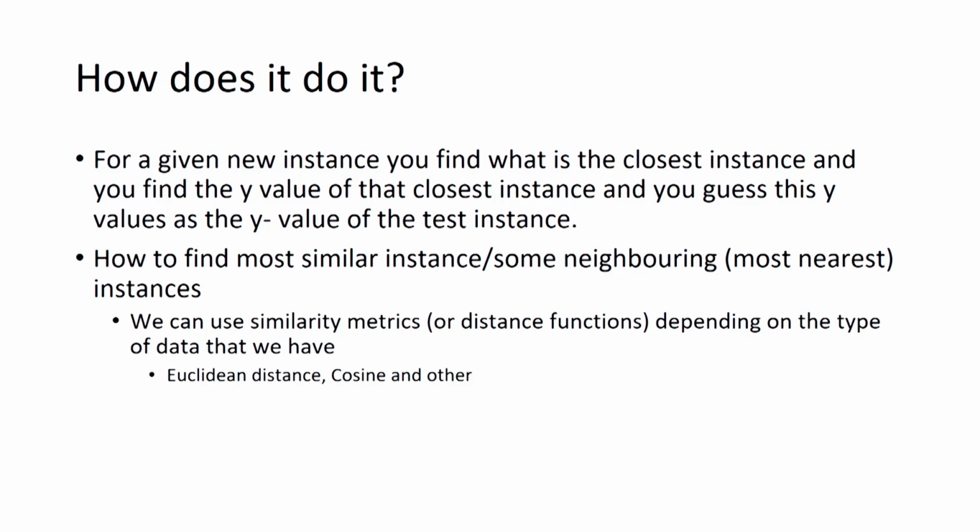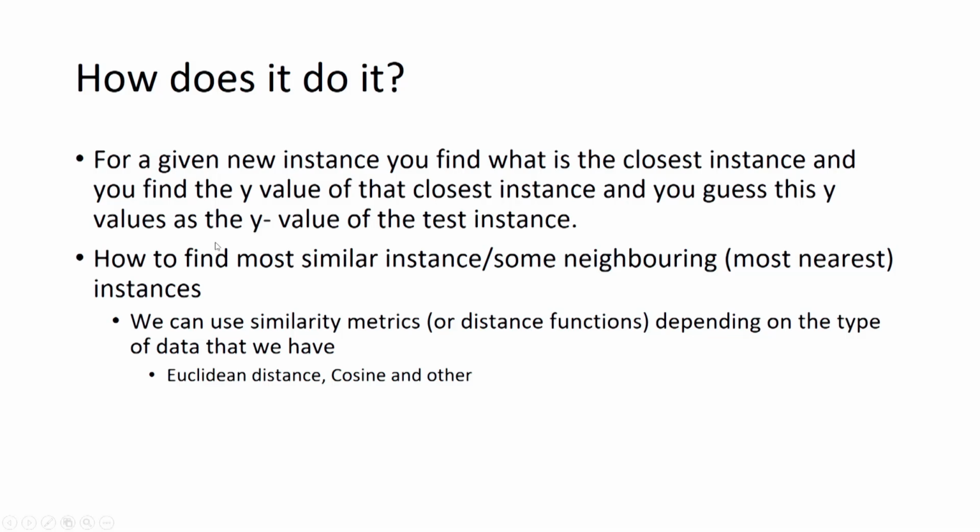Here we are talking about the case when k is 1. So, we are only finding one nearest neighbor. The instance that is closest to the new instance, its response variable value we will use, and the same value we will predict for the response variable value of the new instance also. This is the one nearest neighbor algorithm, and it works this way.